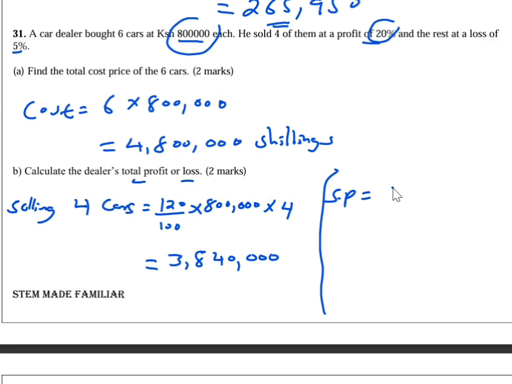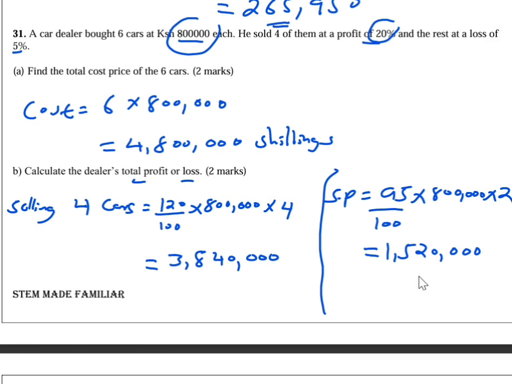So inakuwa ngapi? 95 over 100 times moja ilikuwa 800,000 times gari ni ngapi? 2. Haya, tufanye hiyo, times 800,000 times 2, gari ni 2. Alipata 1,520,000.